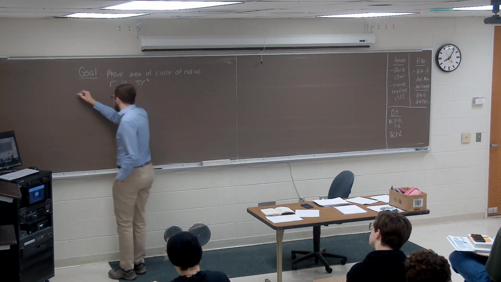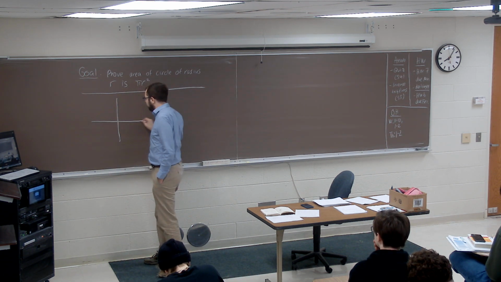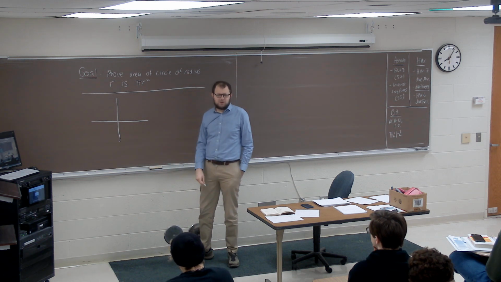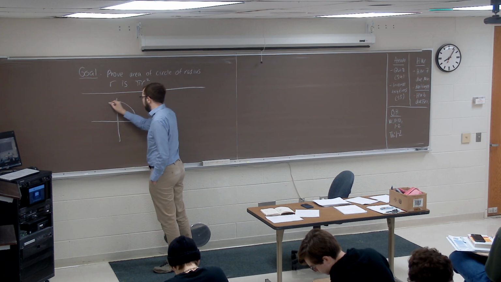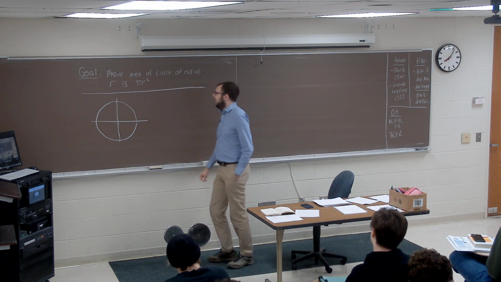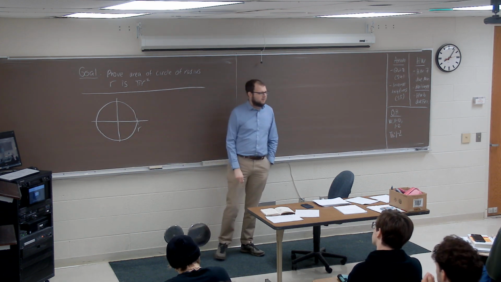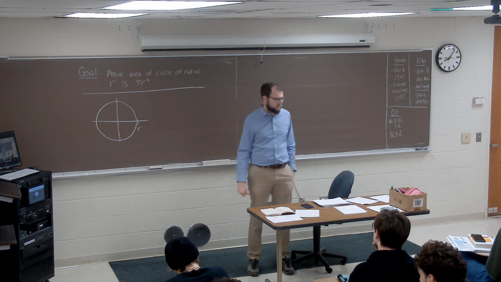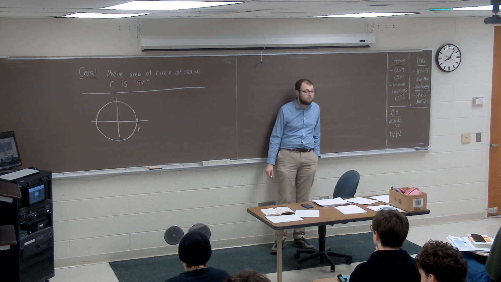So here's what we're going to do. We're going to graph the circle of radius r in the xy plane. If we have a circle of radius r, how can we find a formula for that circle as an expression in terms of x and y?